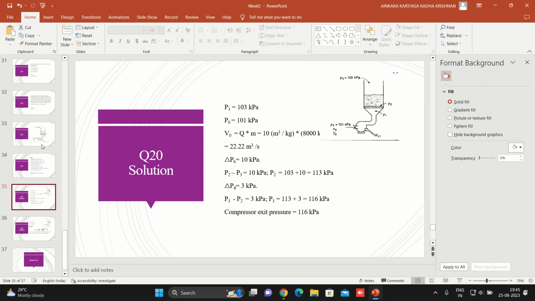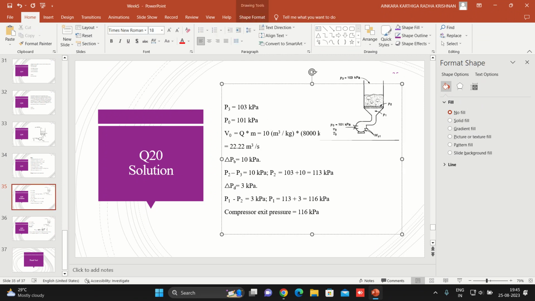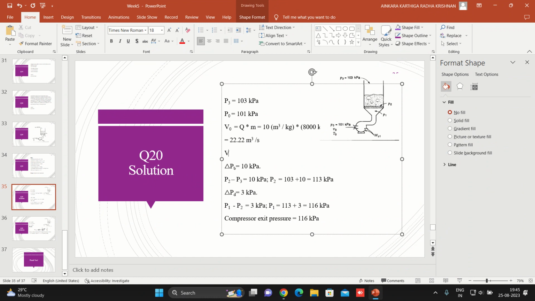Okay, yeah, I found it. It is given that 22 meter cube per second. So this one is at standard condition, not at the initial condition of 20 degrees Celsius.